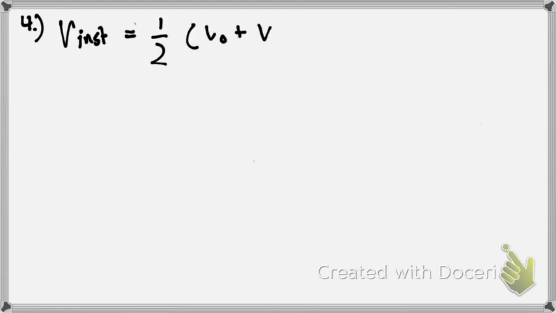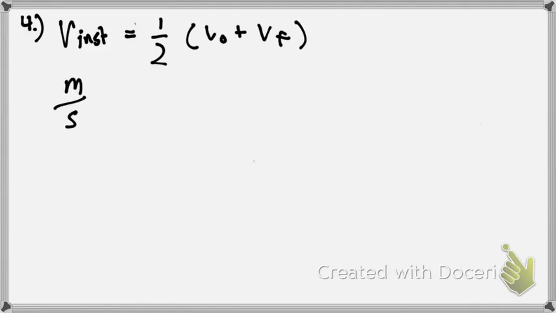So now let's go ahead and look at our last equation. So our last equation looks something like this. Okay. And our last equation is going to be V instantaneous is equal to 1/2 V initial plus V final, right?